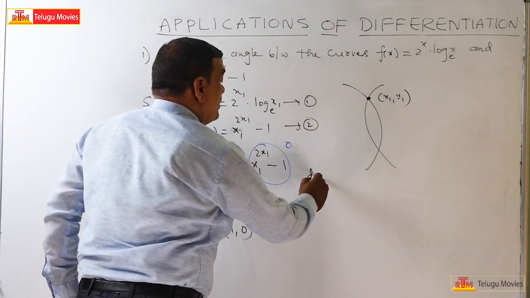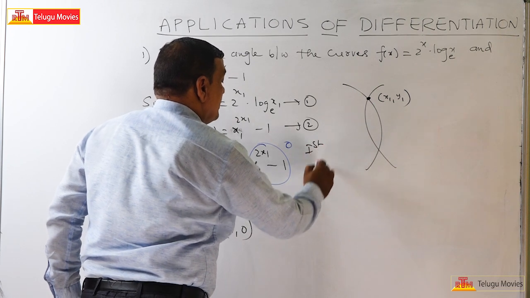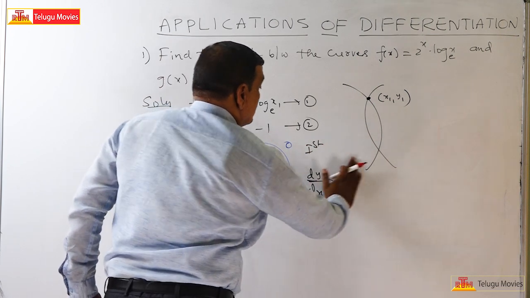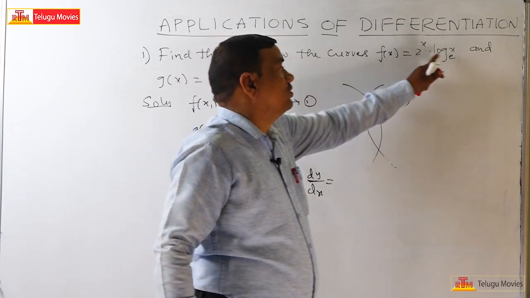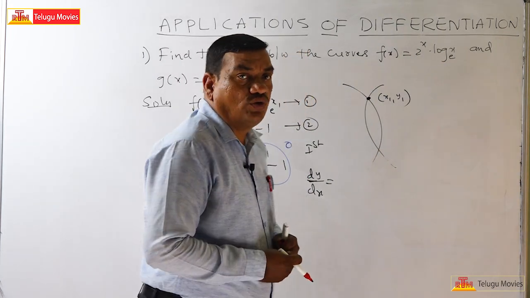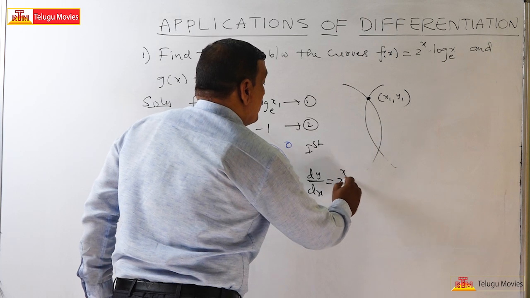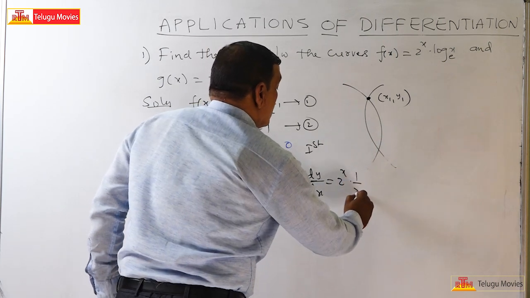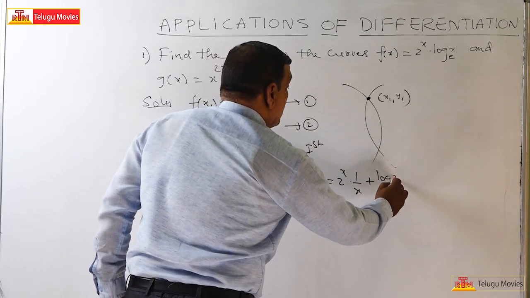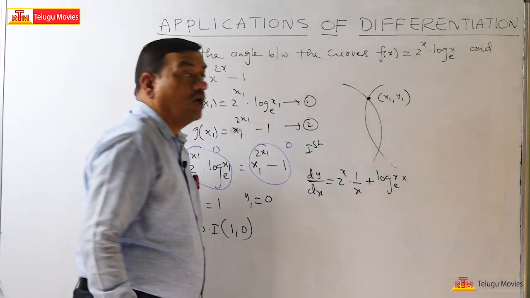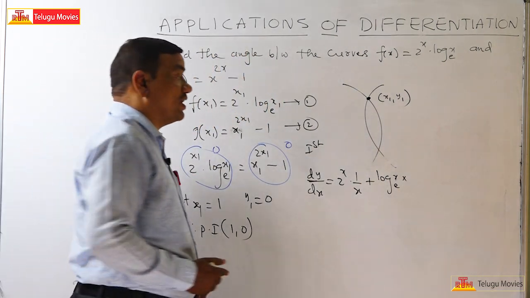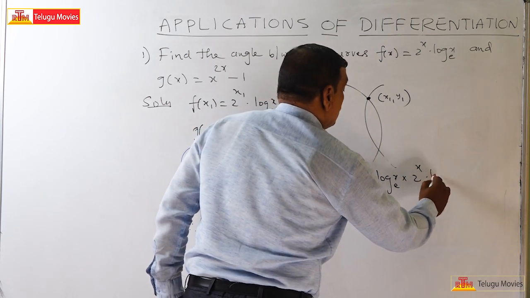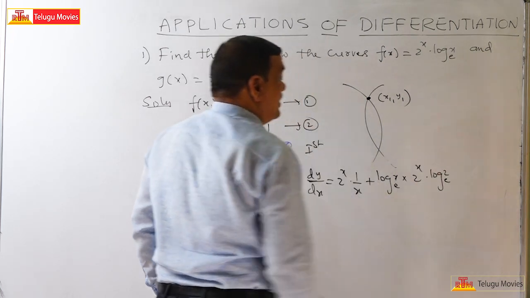So, this is the first function I am taking, dy by dx is equal to 2 power x into log x to the base e. Using the u into v formula, that is 2 power x into 1 by x plus log x to the base e into the derivative of a power x, that means 2 power x into log 2 to the base e.